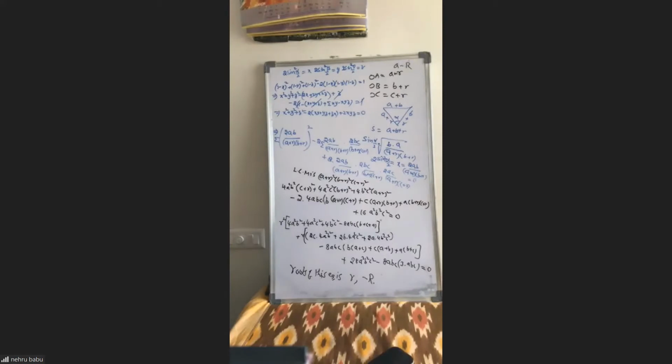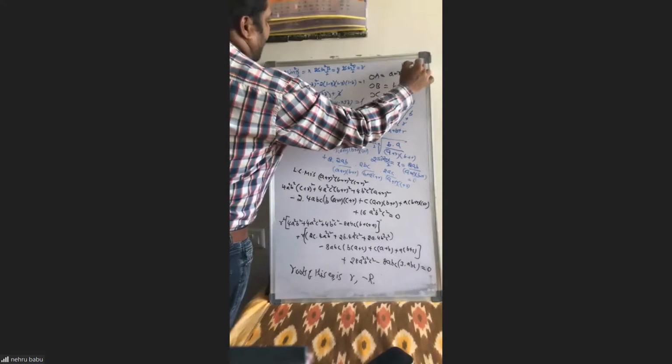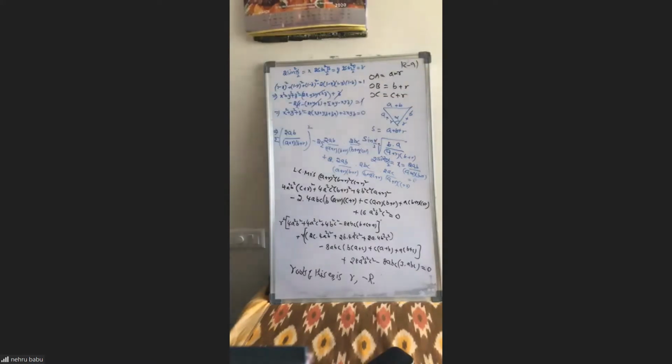If you take the big circle and do the same calculations, the only difference is on the other side: r minus a will come instead of a minus r, so indirectly that's minus of (a minus r). So the roots of this equation are small r and minus r.